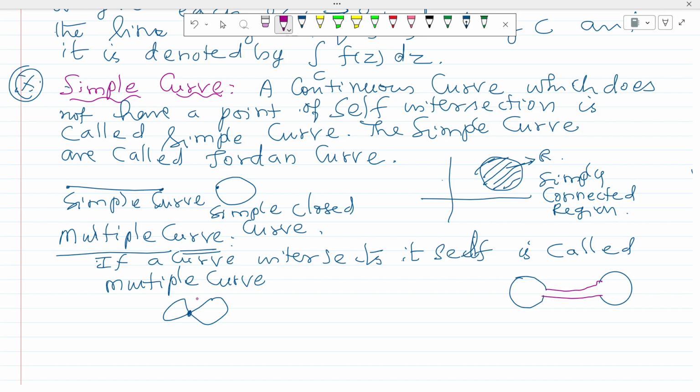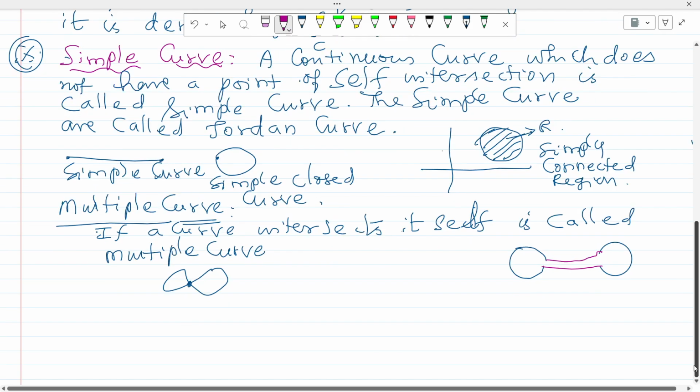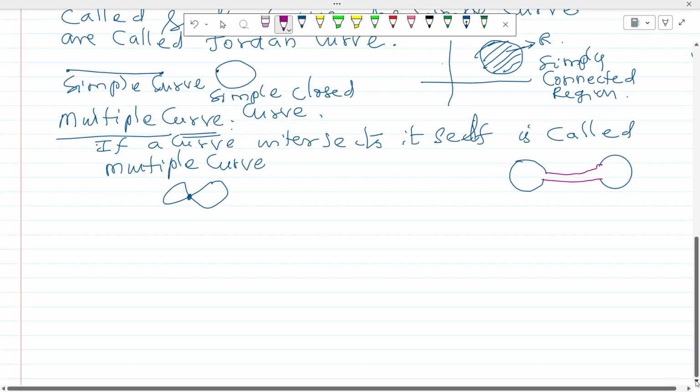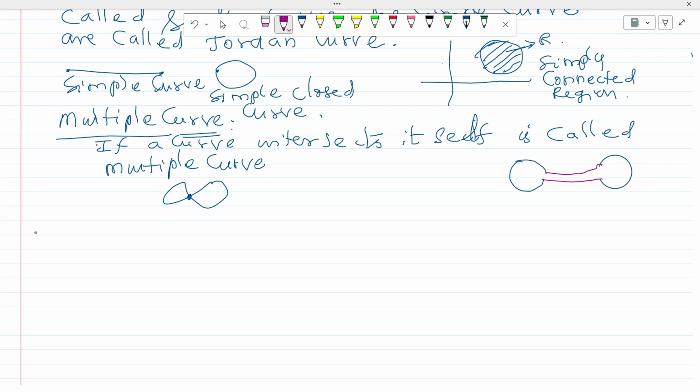One very, very important theorem is there. One compulsory question will come based on this theorem. The theorem name is Cauchy's theorem, or Cauchy integral theorem.